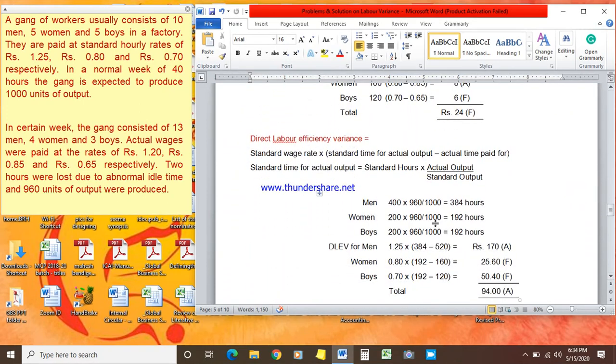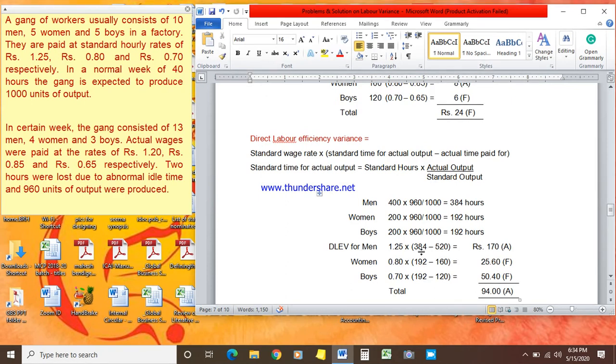So first I'll calculate the standard time, that is 400 multiplied with 960 divided by 1000. 400 is the standard time given for 1000 units. So for 960, how much? It comes to just 384 hours. Similarly for women and for boys, I am going to calculate. Once this calculation has been done, I'll calculate the direct labor efficiency variance.